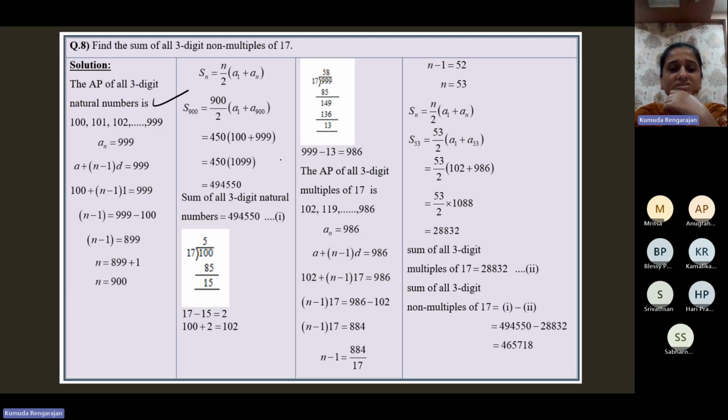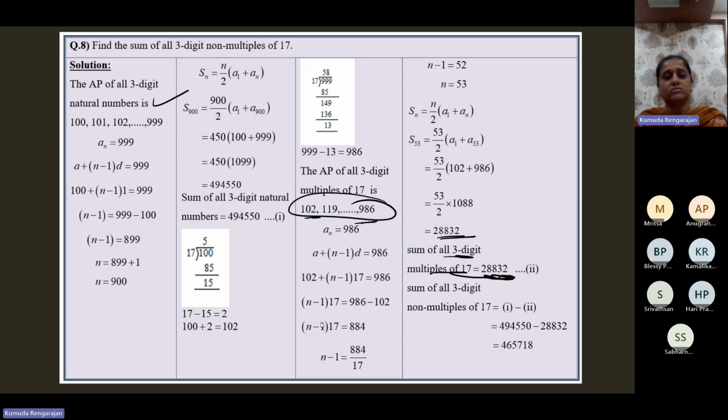Step 2 is to generate the AP containing all 3-digit multiples of 17. So it starts with 102 and goes up to 986. Find the sum of all these numbers. So here we have the sum of all 3-digit multiples of 17 is 28,832.